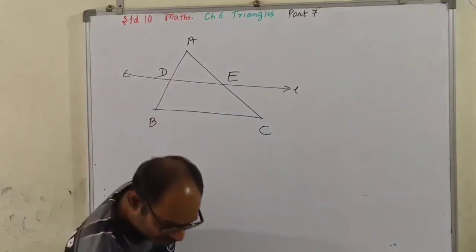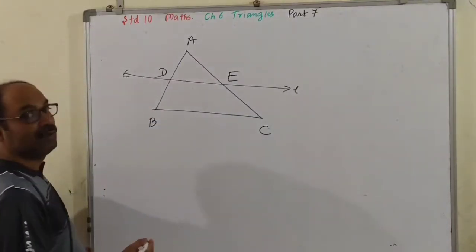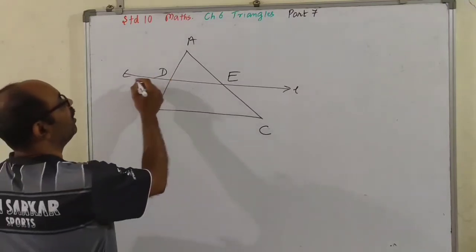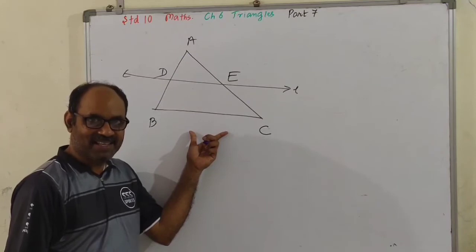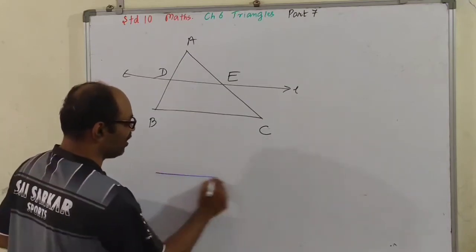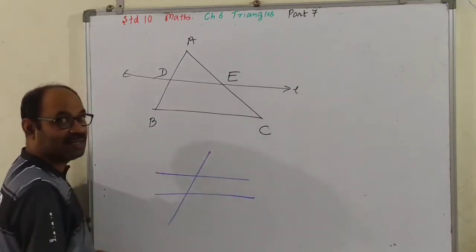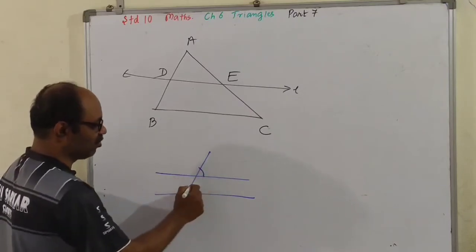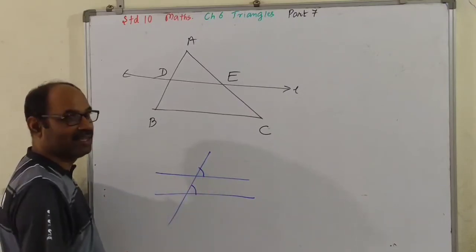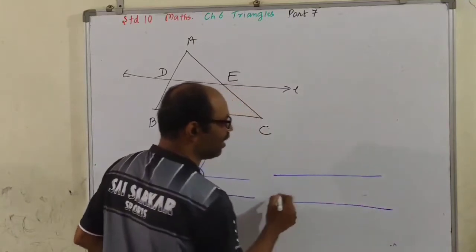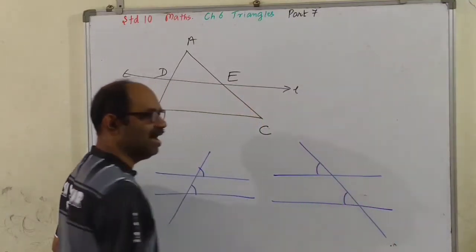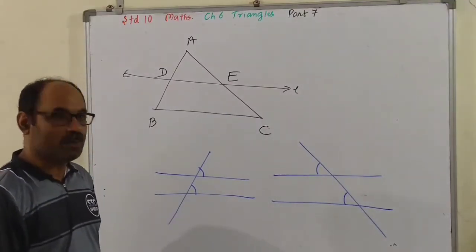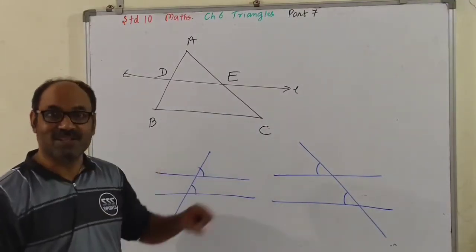Now here, this line L is parallel to BC, correct? So recall children, when you have parallel lines and a transversal, these two angles are alternate pairs, so they are equal. Suppose these are parallel and the transversal is somewhat like this, then these two angles are corresponding angles, so they are equal.